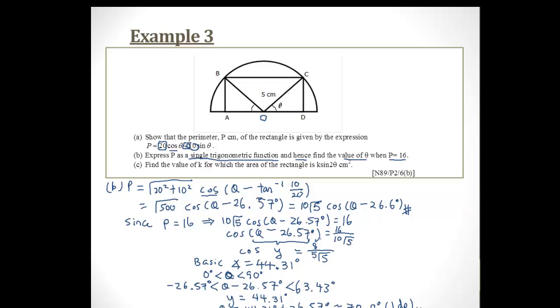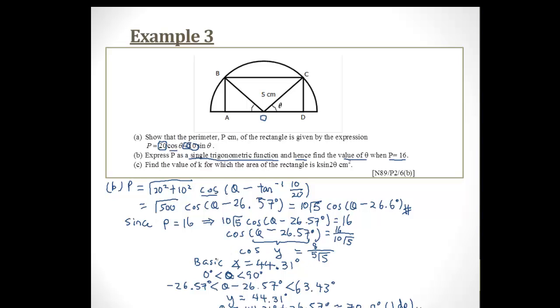Now I substitute the compound angle as y. So I'll get the equation as cos y equals 8 over 5 root 5, once I divide both numerator and denominator by 2. Since this is our trigo equation, we'll do our trigo here.